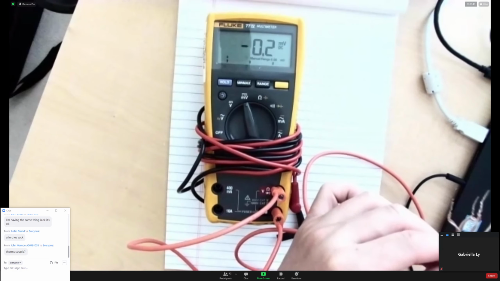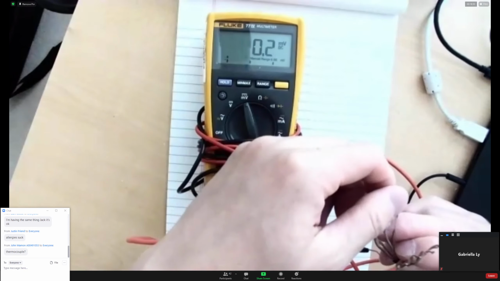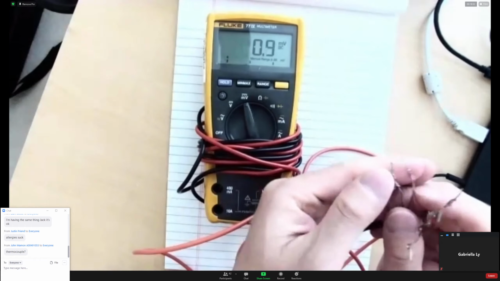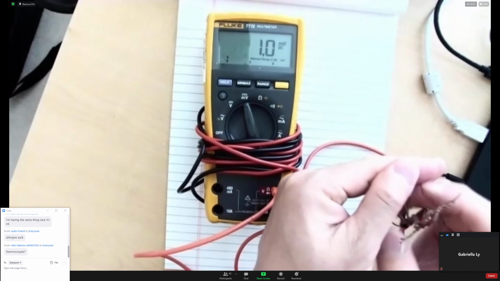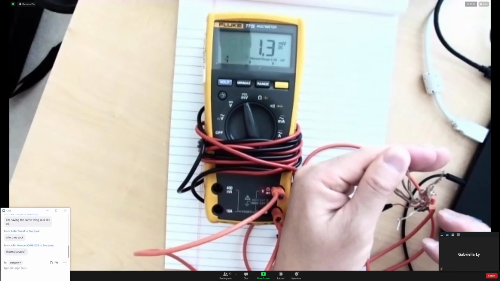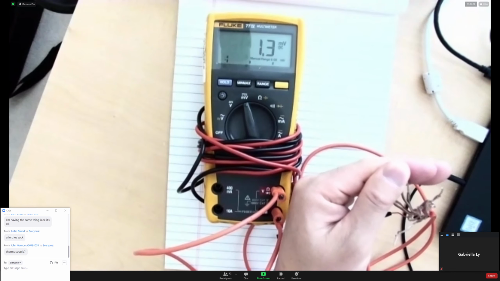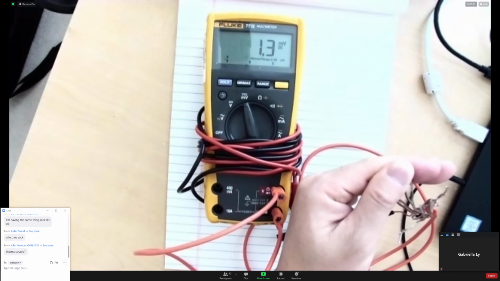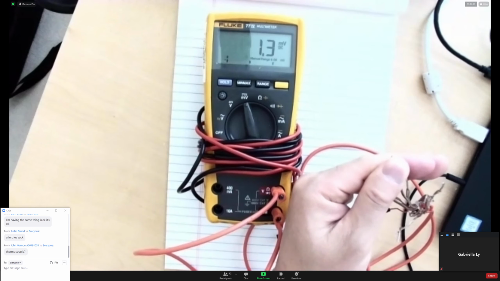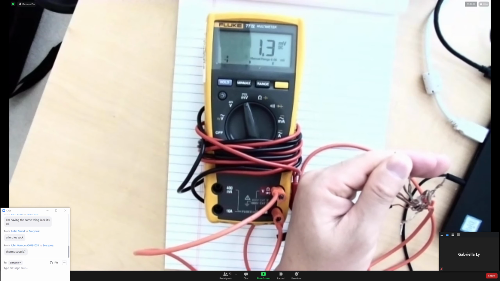The wire is too tight. So if I touch all those terminals, can you see the voltage is much higher? Before we only got 0.3, 0.4 millivolts. Now I have four together, and it's 1.3, 1.2 millivolts now.